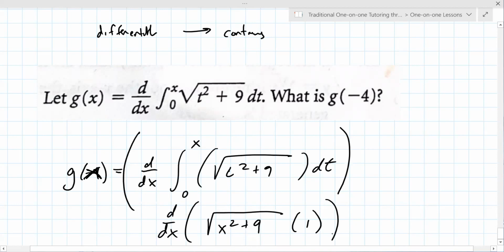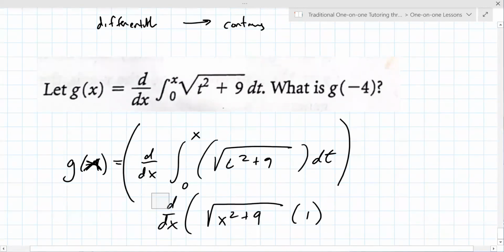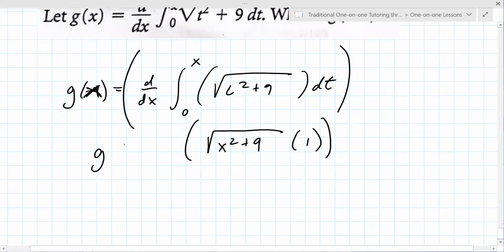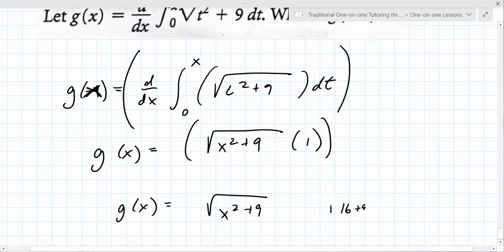This is the fundamental theorem of calculus: the derivative of the integral means to put that in and multiply by the derivative. So then you just plug in -4. -4 squared is 16 plus 9. Oh, okay. So root 25, yeah.